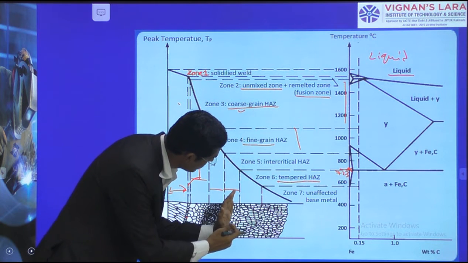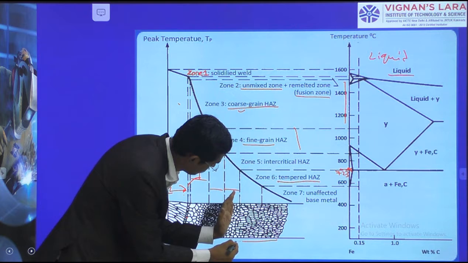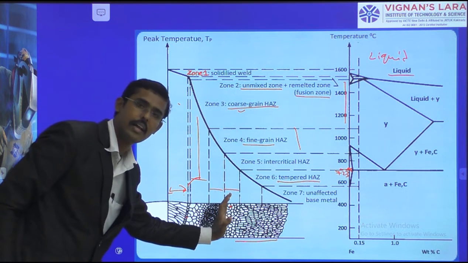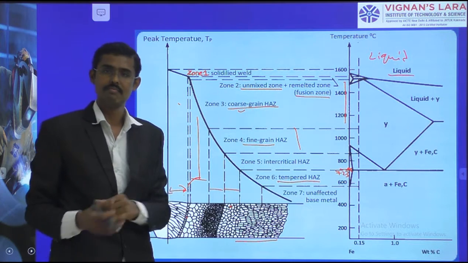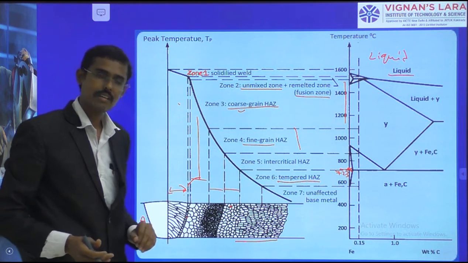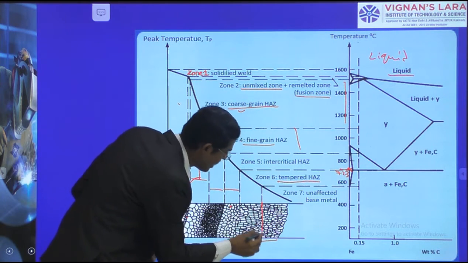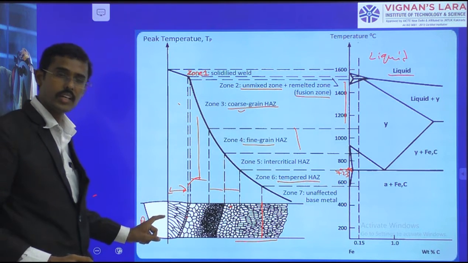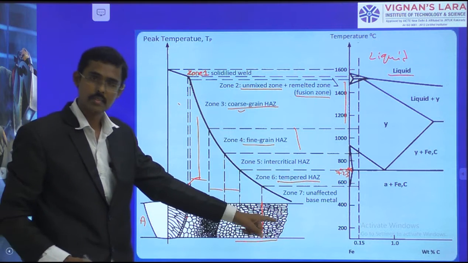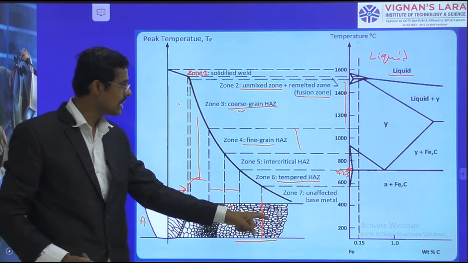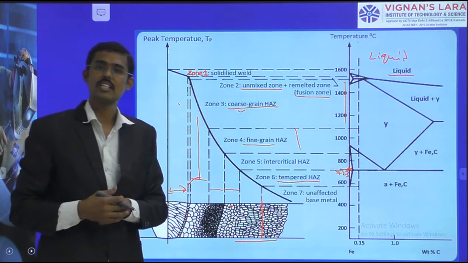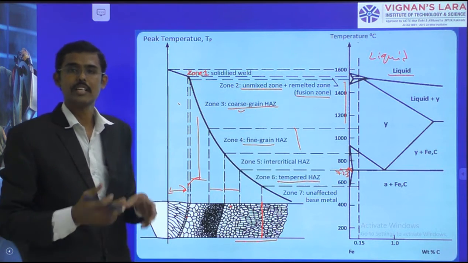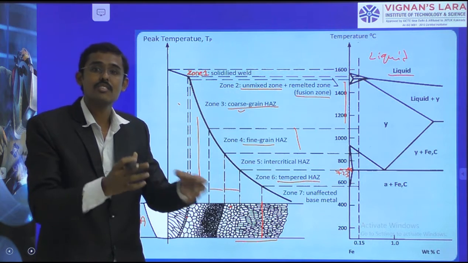You see, from here the grains look very similar. It means zone 6 and zone 7 look very similar, but it is lightly tempered. Then the last zone, zone 7, I am calling the unaffected zone. The heat developed at the center point has not reached those locations. It means it is less than even 600 degrees centigrade, less than the critical temperature. Therefore, the microstructures have not changed.